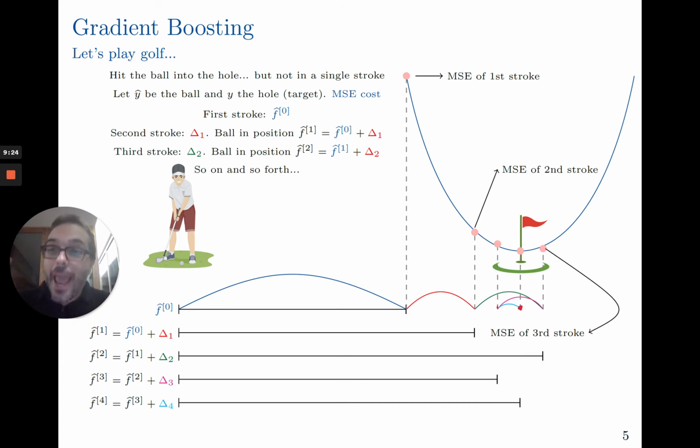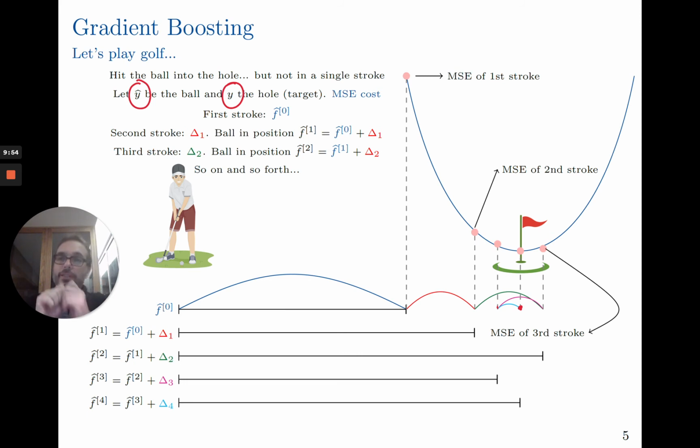That's exactly what we are going to do with boosting. We have a target, okay? That's our dependent variable y. We have a model, y hat, okay? In our first iteration, we are going to estimate a very weak model that may put us very far from the target.